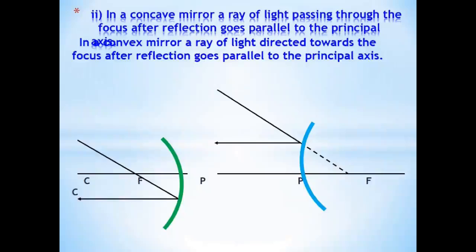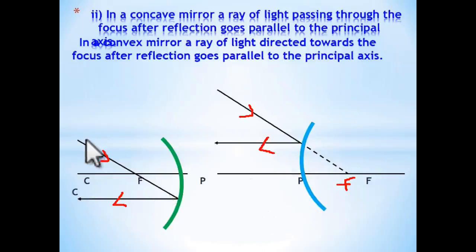Like this. In a concave mirror, a ray of light passing through the focus after reflection goes parallel to the principal axis. You see, the ray is passing through the focus, then after reflection it goes parallel to the principal axis. So here also you can see in the convex mirror, the ray is coming, it appears as if it is going to the focal point and it reflects back and goes parallel to the principal axis.